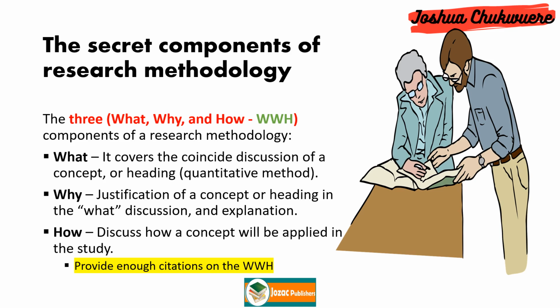How do you do this? By giving a detailed illustration: because if you use this concept, this heading, look at what is going to result. Look at what you are going to gain out of it in terms of carrying out your study. You are now giving detailed, laid down steps of how you are going to use it.